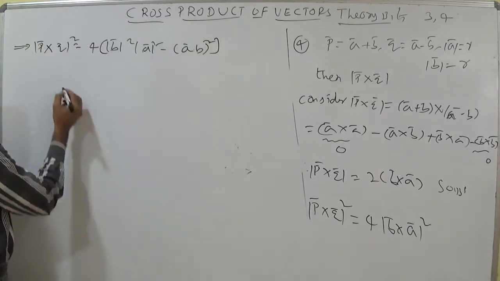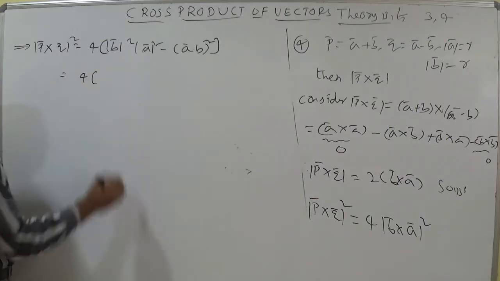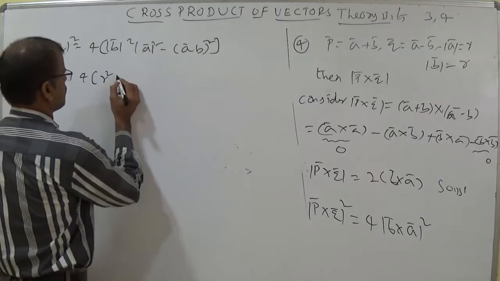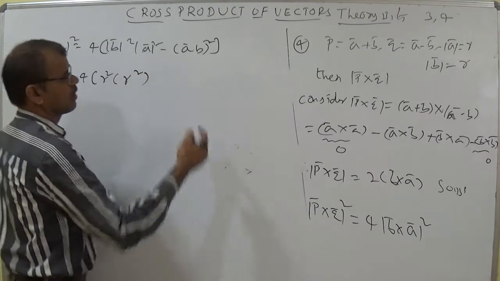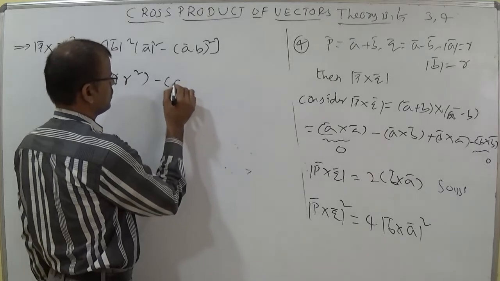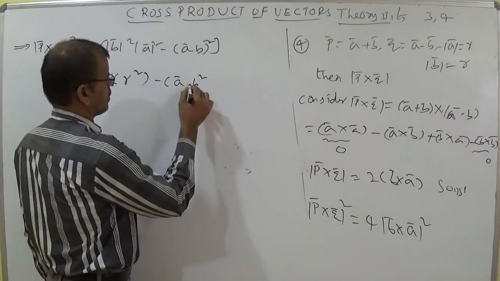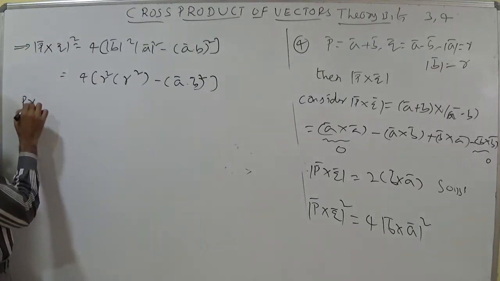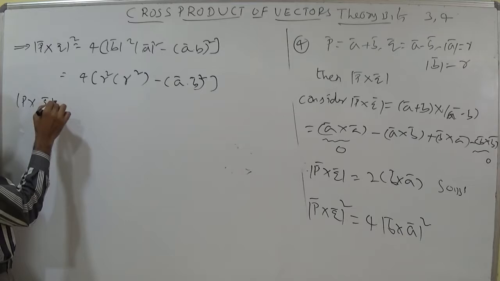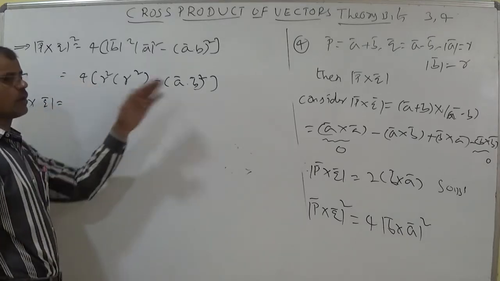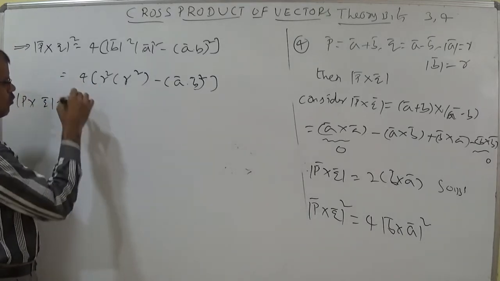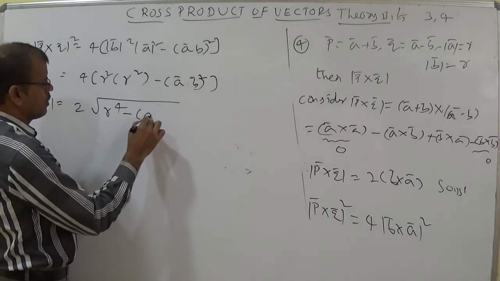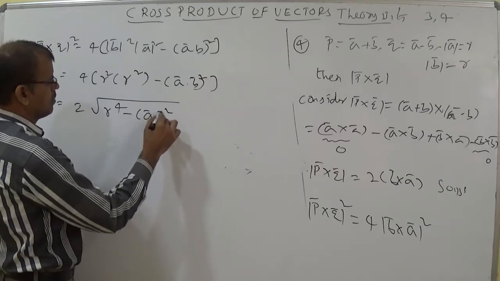This is the Lagrange's identity. 4 into, now what he given, instead of B bar you can write R, so R square, and instead of A bar also R square, minus simply you leave this one A bar dot B bar whole square. Now we should calculate P bar cross Q bar, that's all, no need square. So if you take root for this one, 4 root becomes 2, and this one you can write as R power 4 minus A bar dot B bar whole square.